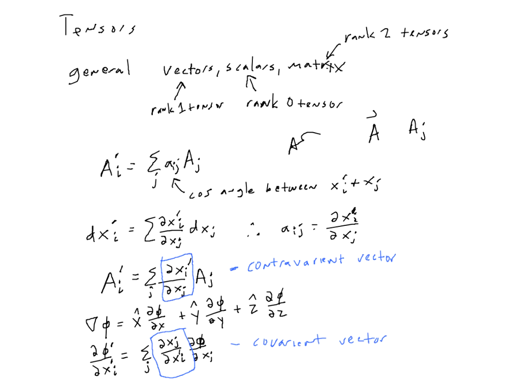So what happens later on is we have this phi prime here. Since phi is a function of x, y, and z, and phi prime is a function of x prime, y prime, and z prime, and since phi prime is a scalar, it's equal to phi.